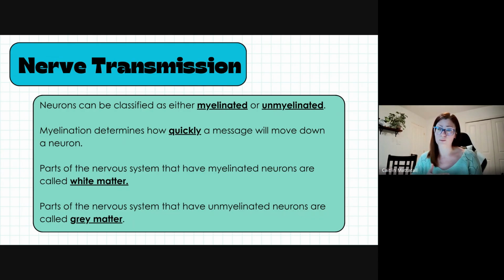Parts of them look a little bit more white because of how the myelin fluoresces under the imaging. So that's just where that name comes from. And again, I have seen questions where they use the terms white matter and gray matter in the past. So I like to just let you guys hear them at least once so that you know that they're terms that you should potentially focus on.